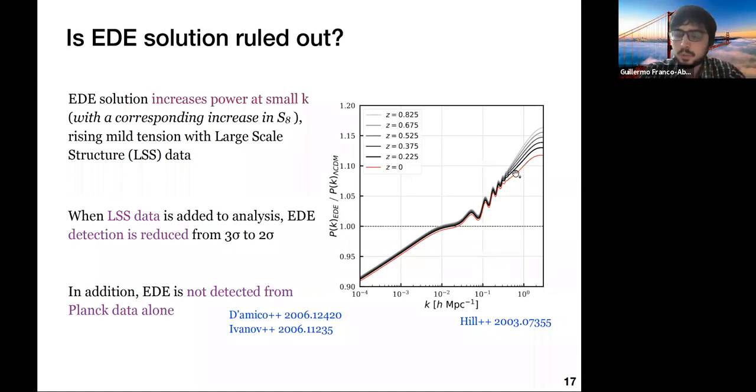This is actually not due to early dark energy itself, because its intrinsic effect is to suppress power, but due to the fact that we have shifted the value of some of the ΛCDM parameters. This increase in power comes from the fact that early dark energy requires a higher value of the cold dark matter density in order to fit the CMB data well.